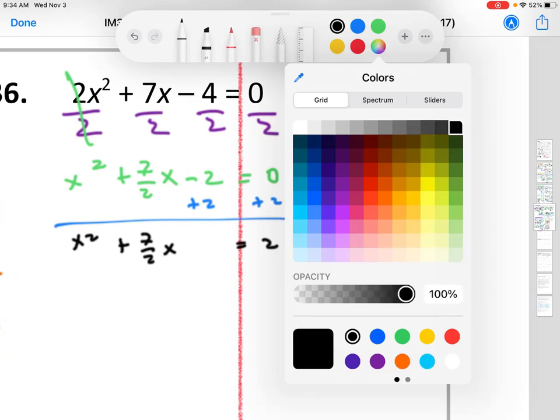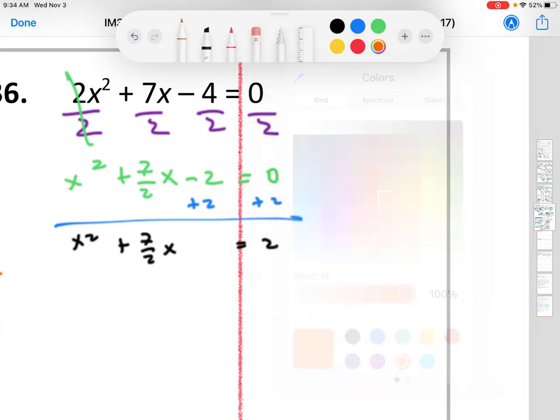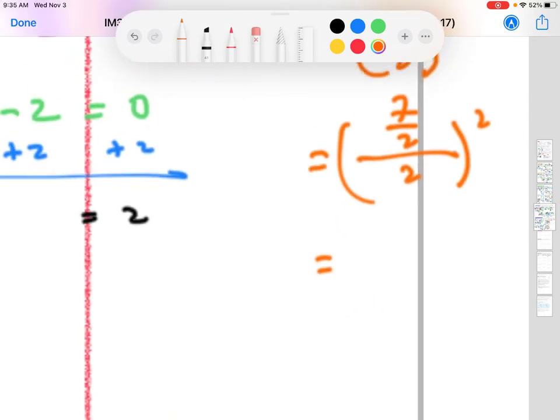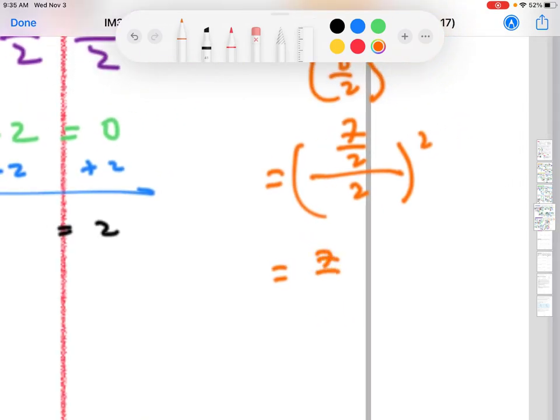At this time, we're going to complete the square. Completing the square has a formula, CTS, b divided by 2. My b value is 7/2, so 7/2 divided by 2, squared. Basically we're going to take this fraction and turn it horizontally, 7/2 divided by 2.